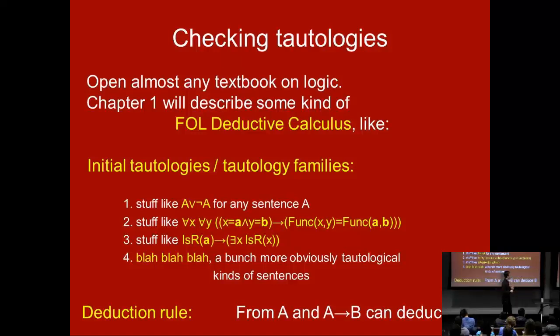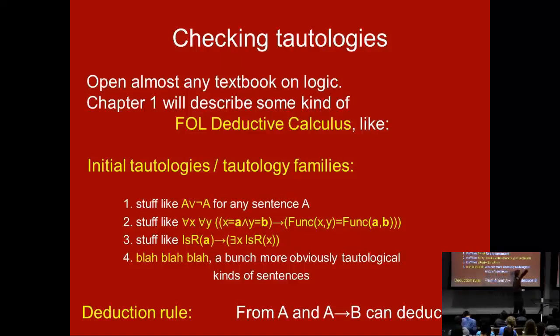Like if you have any sentence, A or not A is a tautology. Or if you have some relation R applied to A implies there exists X such that R of X. If you think about it for a brief amount of time, it's kind of clear that this is always true, no matter the interpretation.